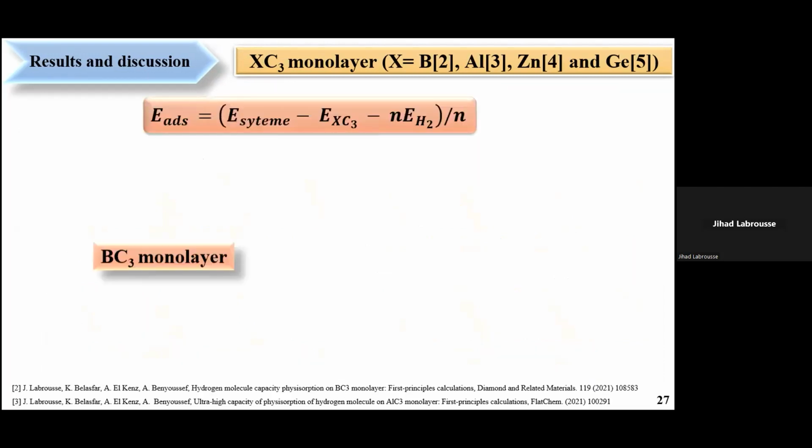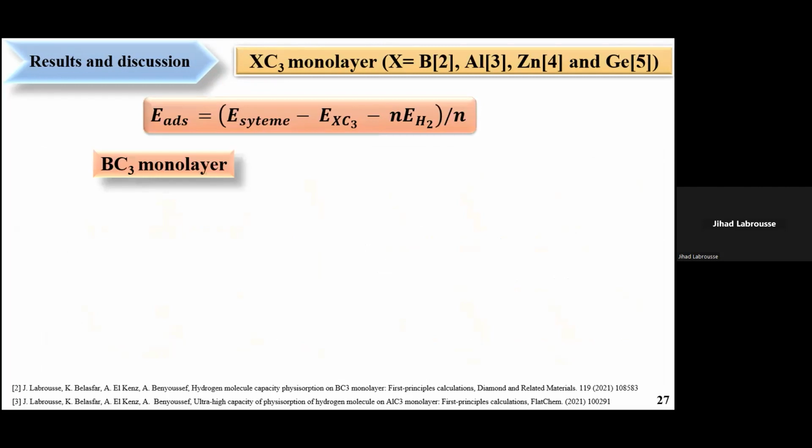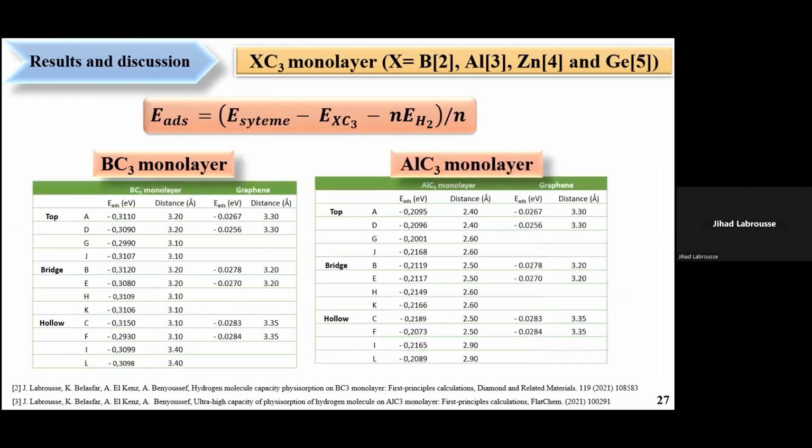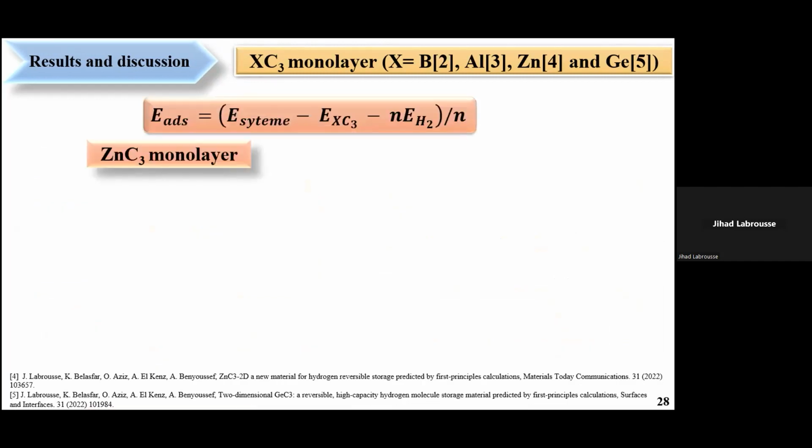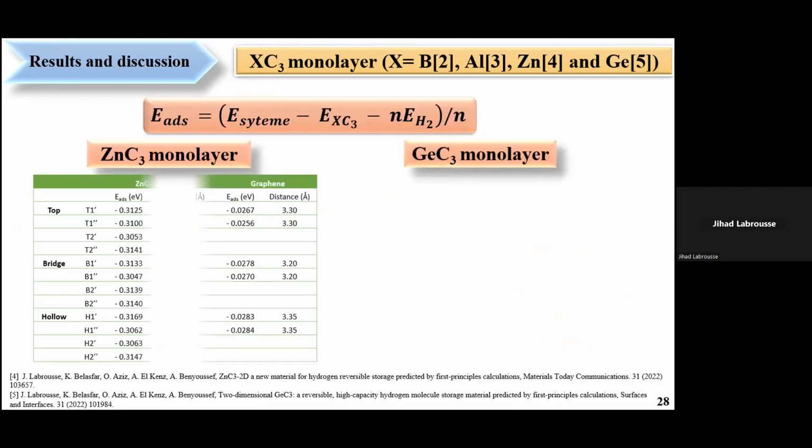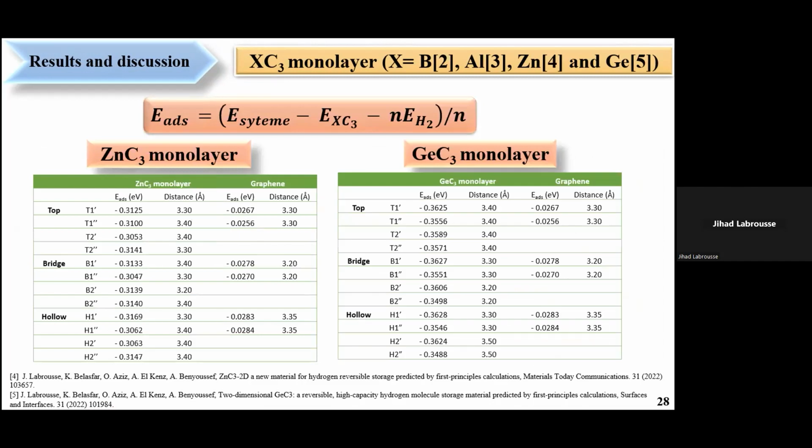Further, we calculated the absorption energy of these materials, and we found that for all the materials, the absorption energies range between minus 0.2 and minus 0.6, which is the suitable absorption energy for hydrogen storage applications according to the Department of Energy.